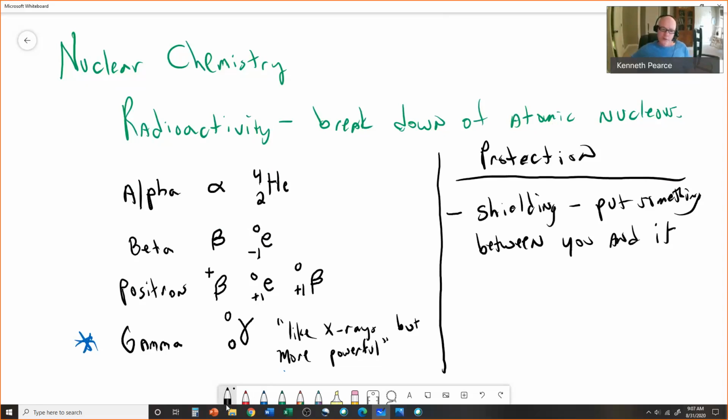Okay? And protection depends on the kind of radiation that you have. And if we look at this list over on the left-hand side, what kind of protection do you need? And generally, for the first three, alphas, betas, and positrons, you generally just need a thick lab coat and gloves.